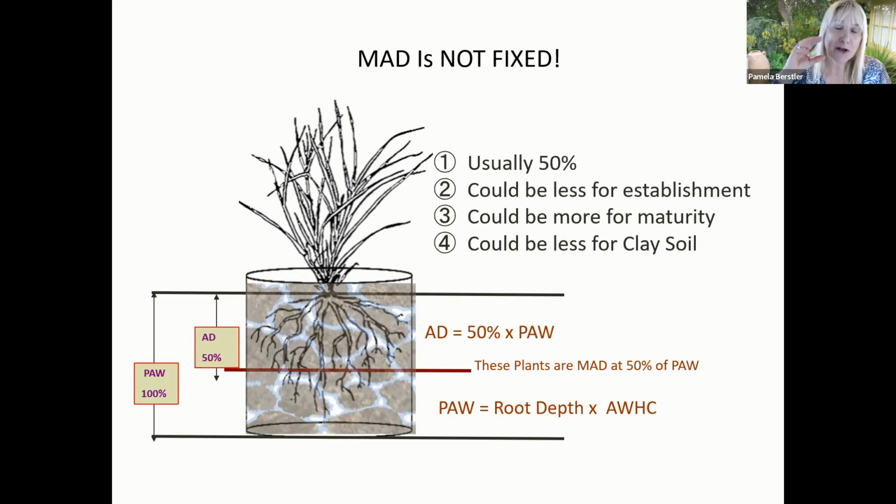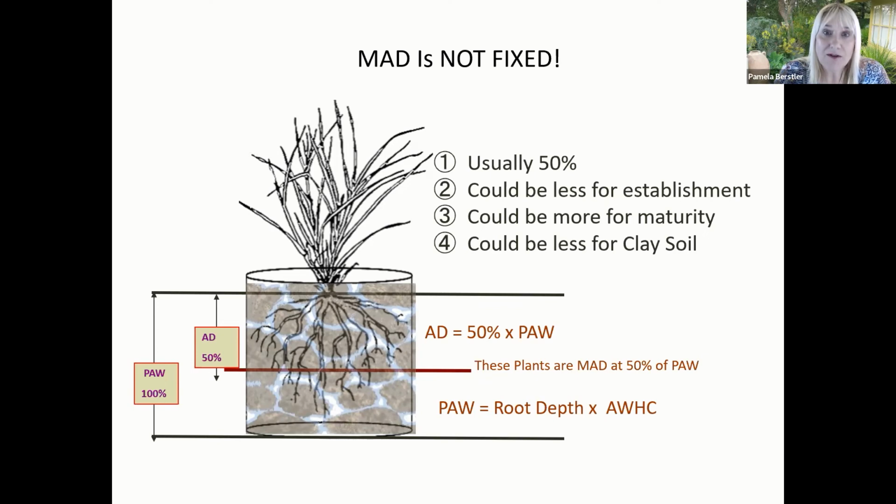That means you would only allow 1 inch of water to be depleted from the soil before you irrigate it again. Okay, so establishment adjusts the MAD, the percentage, down so that there is less allowable depletion. Because remember, allowable depletion is the amount you're taking out of the soil.